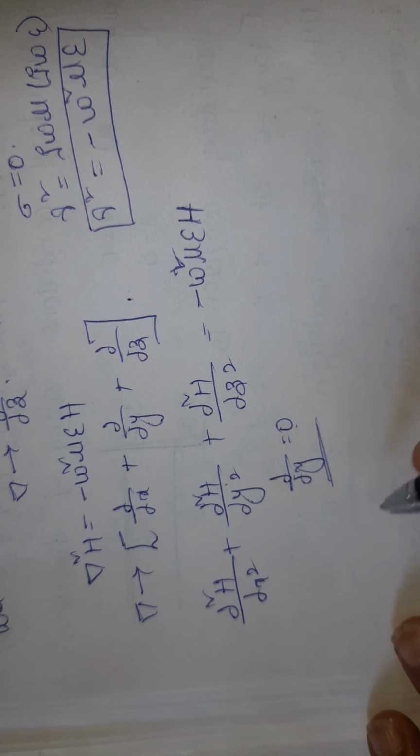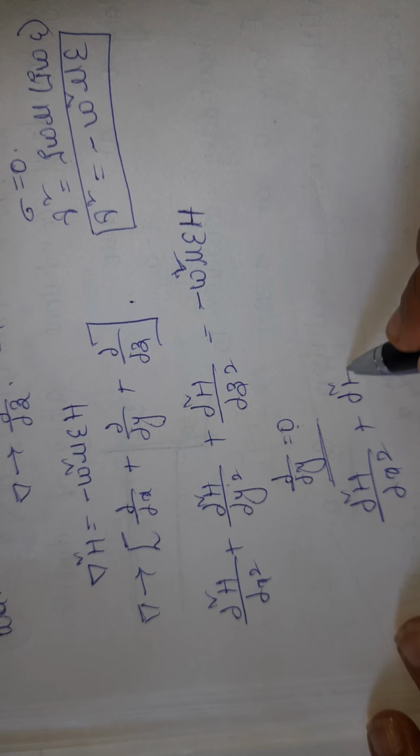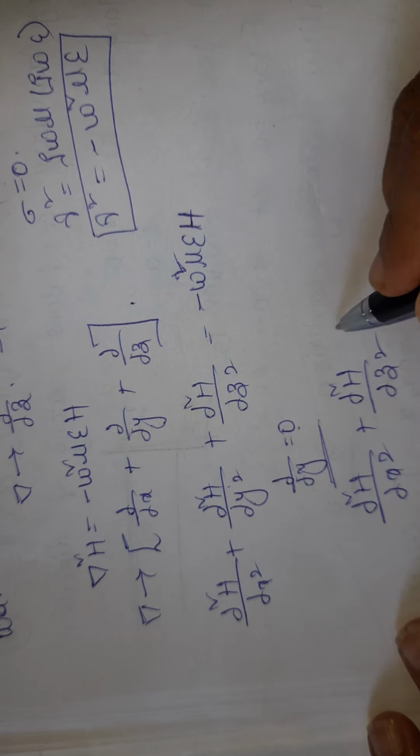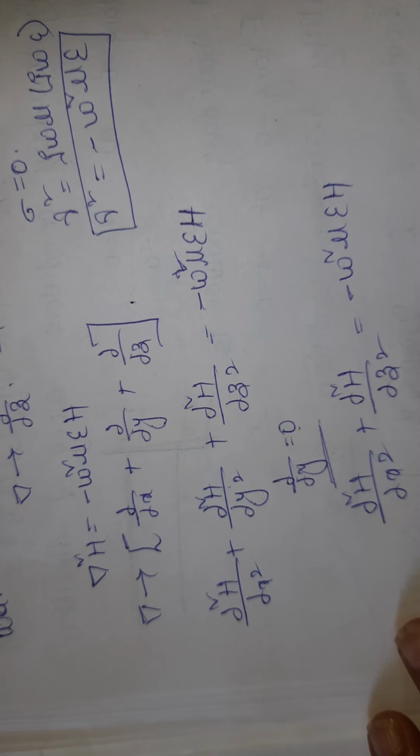So I get only two terms, the x square term and the z square term, equal to minus omega square mu epsilon H.